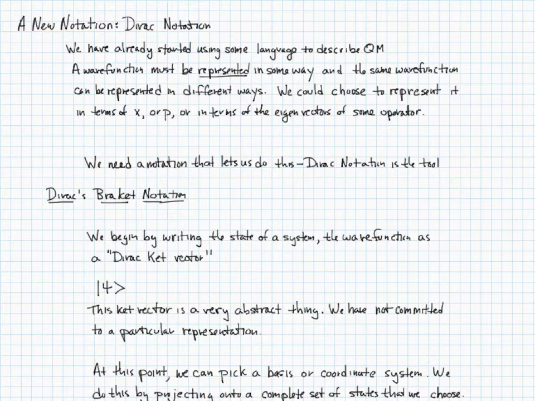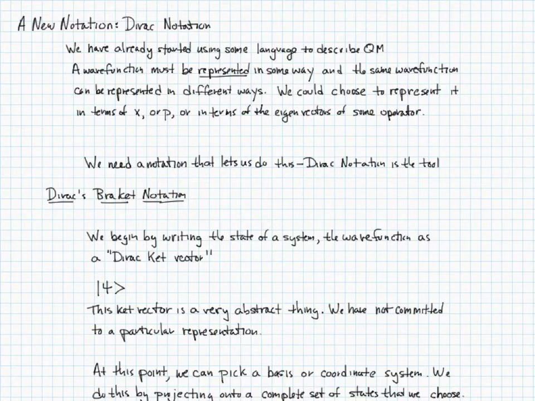And we can then take that abstract thing and write it in different ways, in x or p or eigenvalues of some operator and so on. And so that's a very high-powered idea, this idea of abstraction and then writing it in some particular way without changing the physics. So we need a notation to do that.